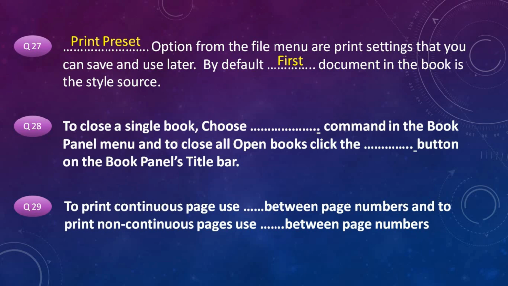To close a single book, you choose close book command in the book panel menu, and to close all open books, click the close button on the books panel's title bar. To print continuous pages, use hyphen between page numbers, and to print non-continuous pages, use comma between page numbers.